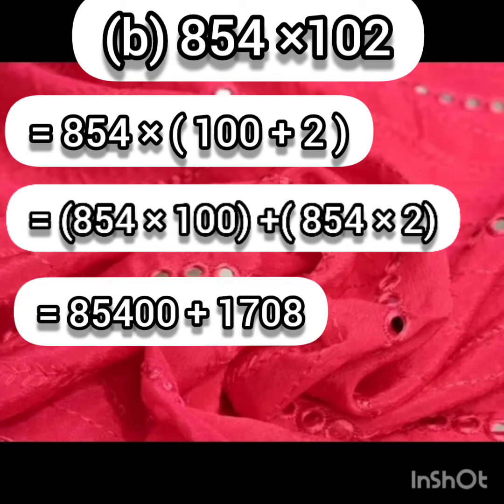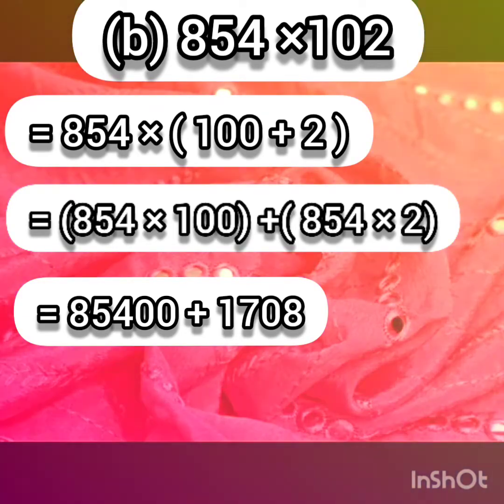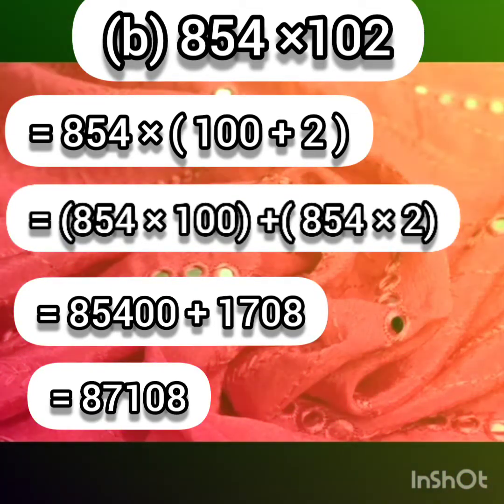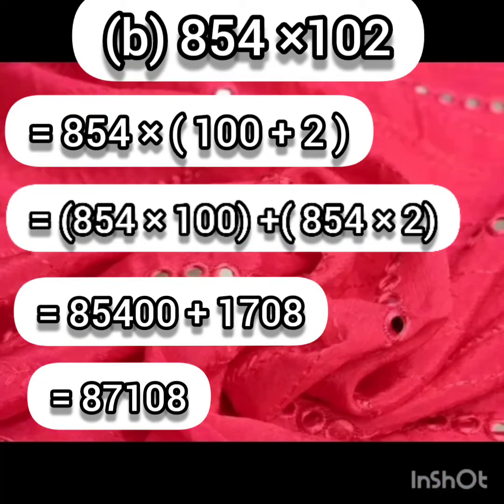The product of 854 with 100 is 85,400 and 854 multiplied by 2 gives the result 1708. Now the sum of 85,400 and 1708 is 87,108.